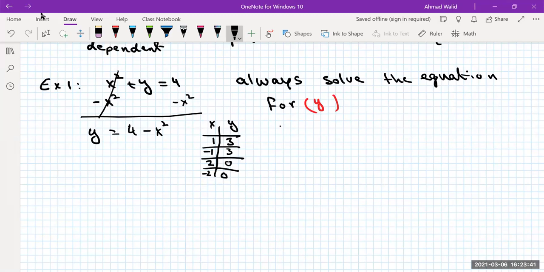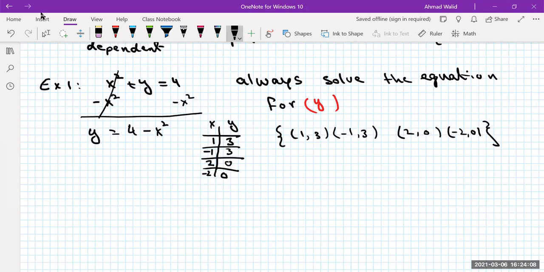Let's list our ordered pairs. 1, 3; negative 1, 3; 2, 0; negative 2, 0. Do you see any repeating x here? No. But we see repeating y. I don't care about repeating y. If I have repeating y, it's still okay.